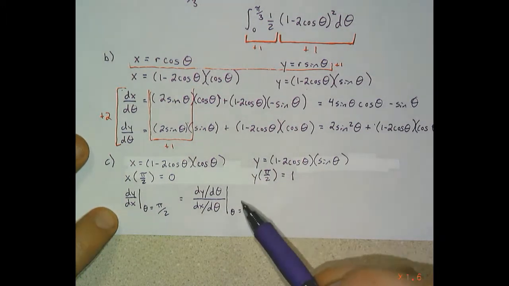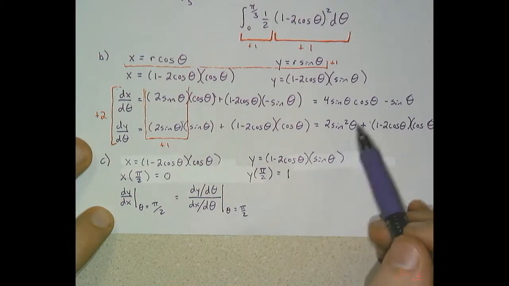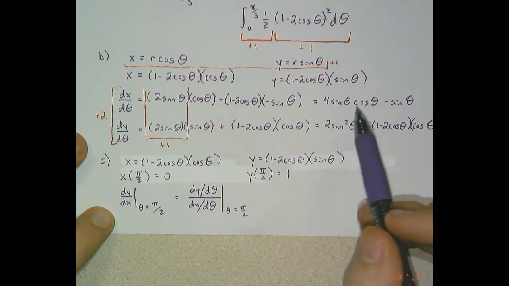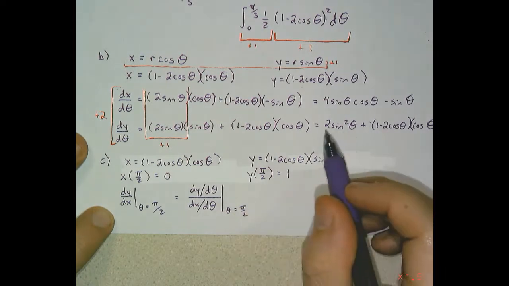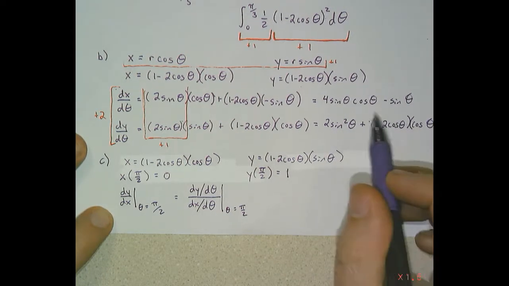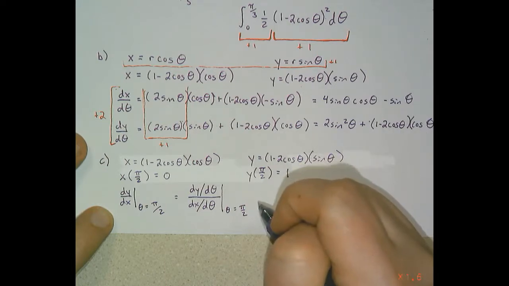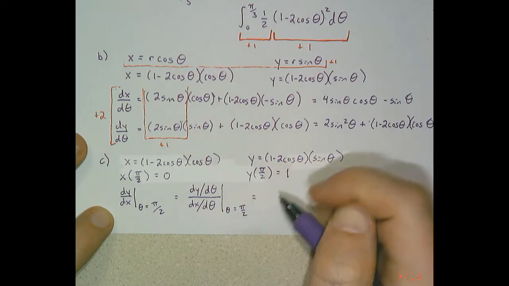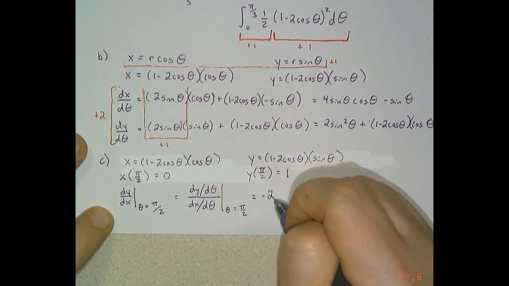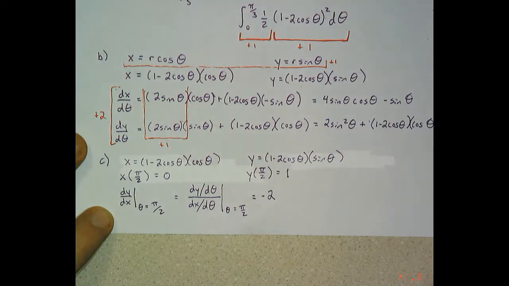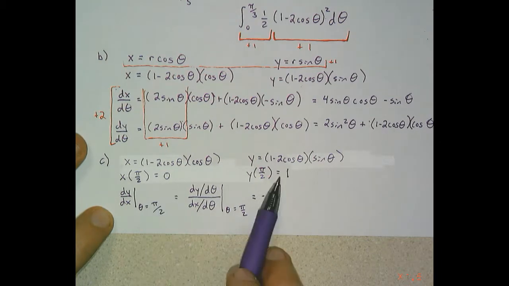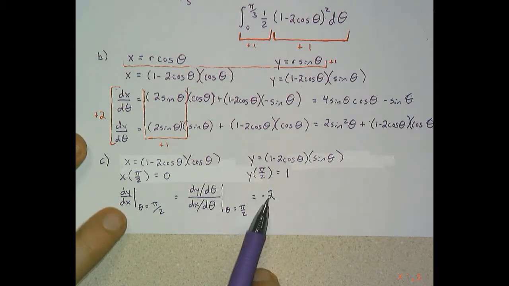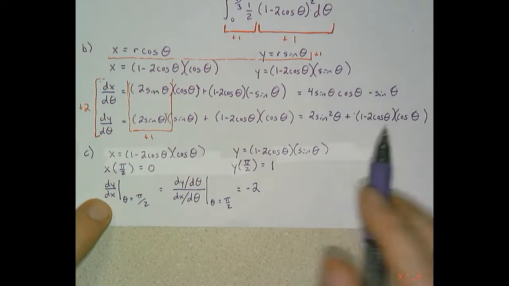This relies on the calculations from above for the dy d theta and the dx d theta. If you go through plugging in pi halves into all of our thetas, you'll find that this value is equal to -2. So we now have the xy coordinate pair and the slope, so we can create a tangent line.